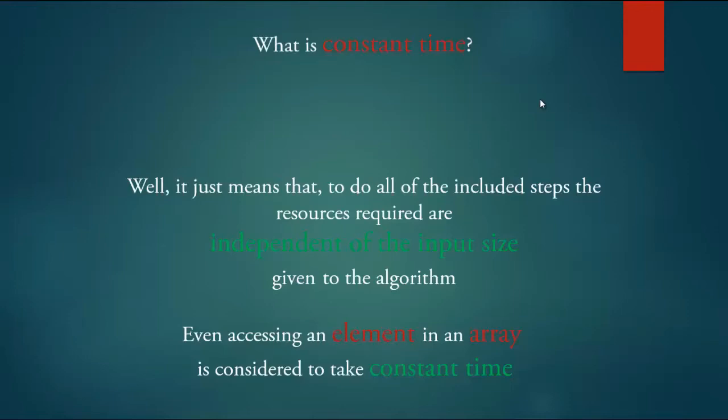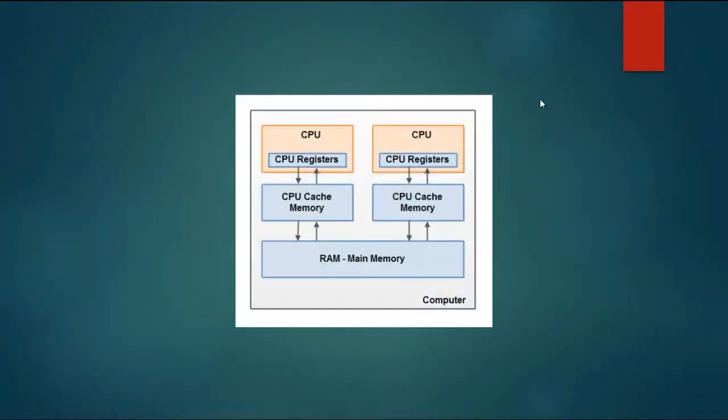Even accessing an element in an array is considered to take constant time. If you know a bit about actual computer architecture, you might know that the time to access a given variable or array element is not necessarily fixed, for it could depend on whether the variable or array element is in the cache, in the main memory, or out on disk in a virtual memory system.